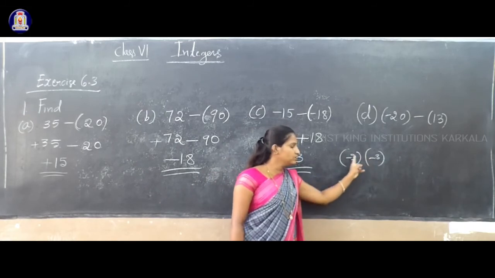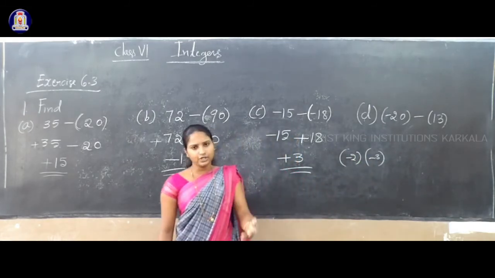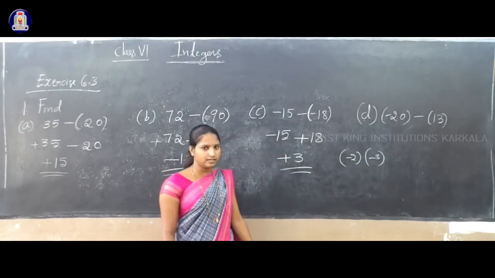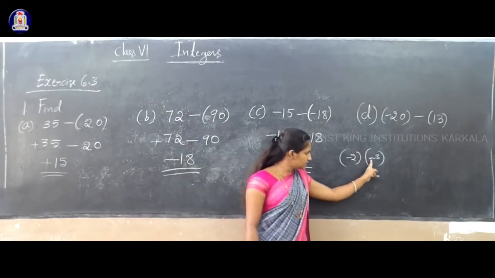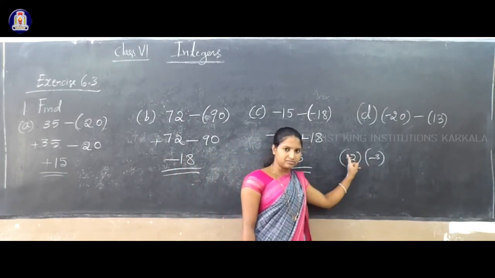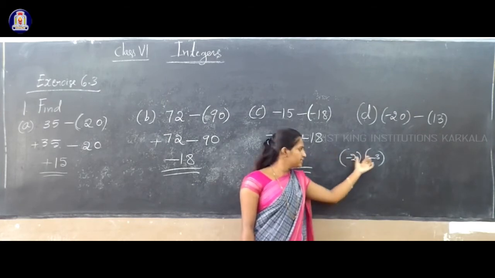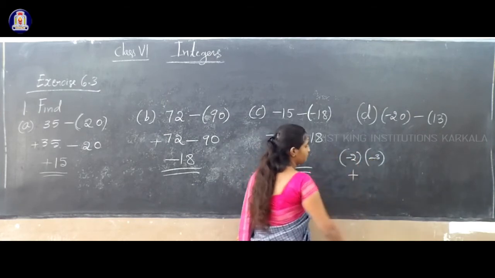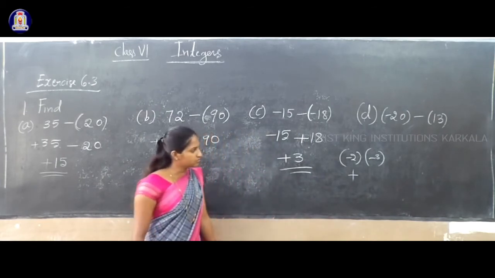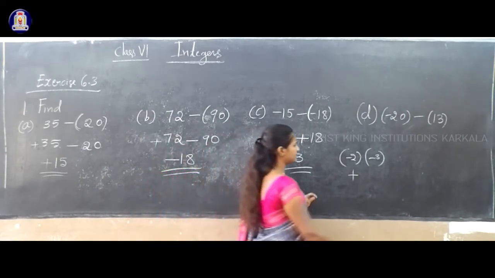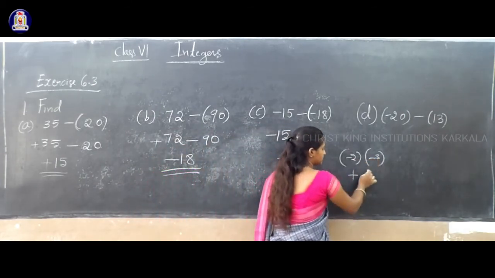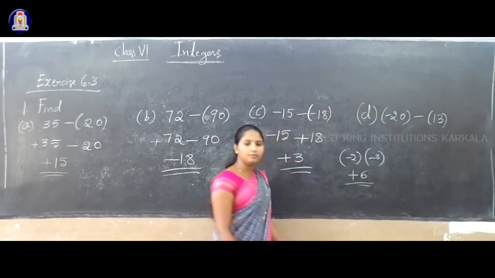First you have to multiply the signs. Then you have to multiply the integers. Clear? So minus into minus. That is a plus. Next multiply the numbers. Very simple. 2 3s are 6. The answer is plus 6.